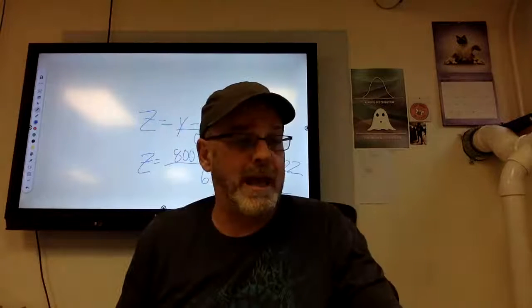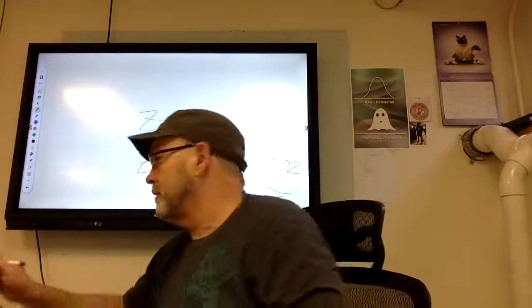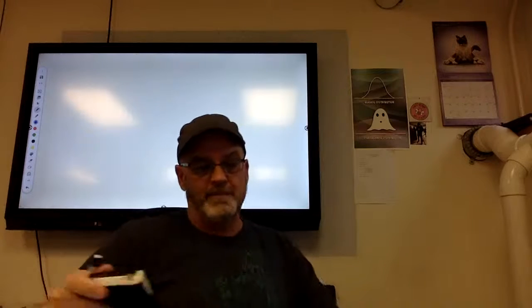All right, one down. We're on the move. Question 12. Cancel this out. Question 12 says the random variable x is normally distributed with a mean of 5 and a standard deviation of 25.